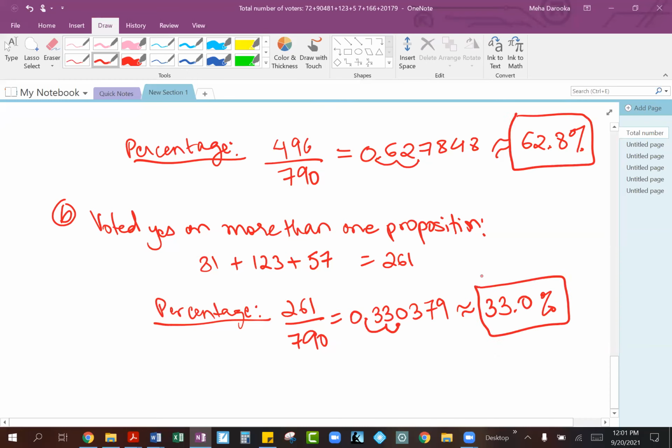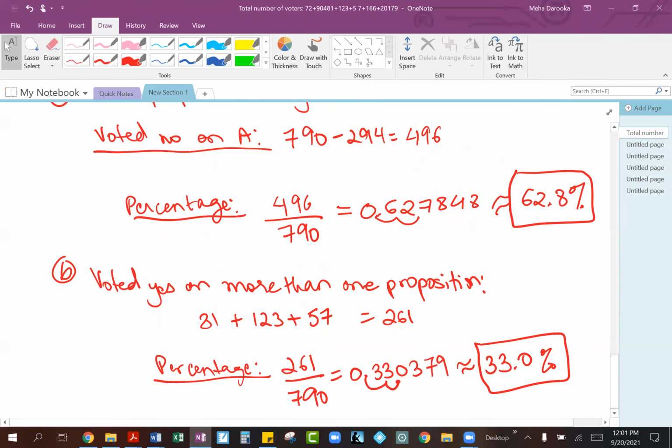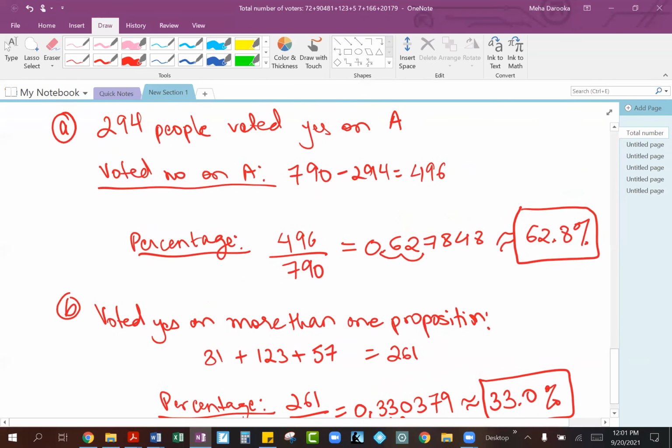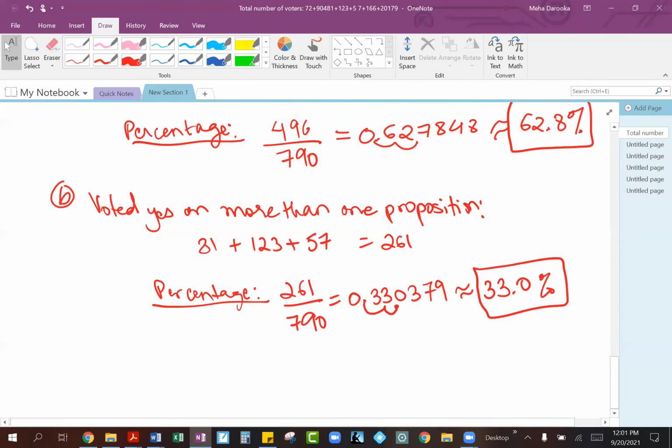So this is how you calculate your percentage. Now, some questions will ask you for a percentage, and some may just say, how many people or how many, whatever. So they may want the 496 as the answer in part A, or if they ask you for the percentage, that's a 62.8. Same thing for part B. If they ask you for the number of people, then you're looking at 261. But then if they ask you for percentage, that's your 33%.